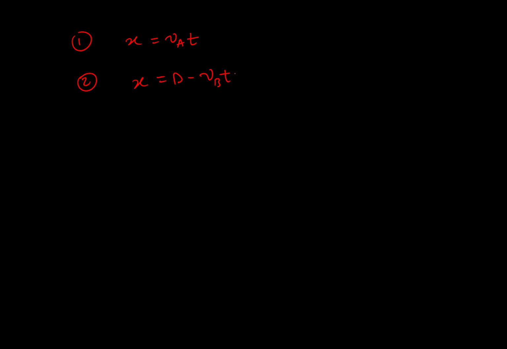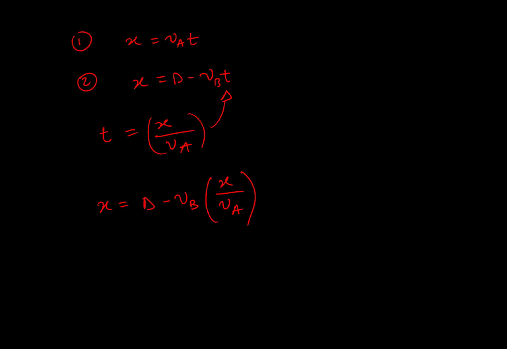So you would realize that from equation 1, t will be equal to x divided by vA. All we can do is substitute the value of t in equation 2, which therefore will become x is equal to d minus vB bracket x divided by vA.